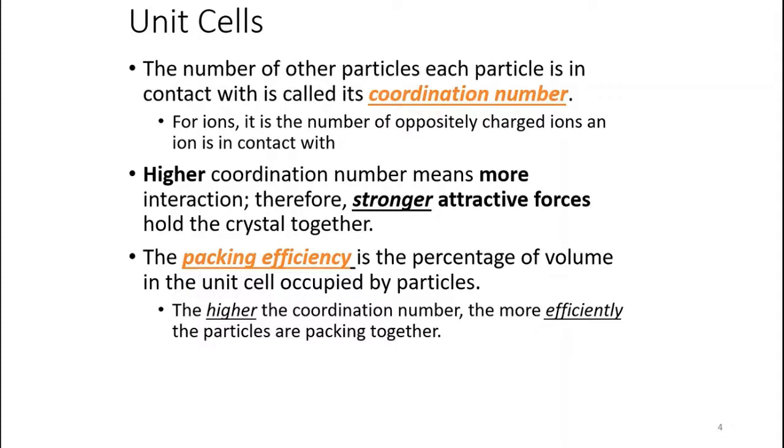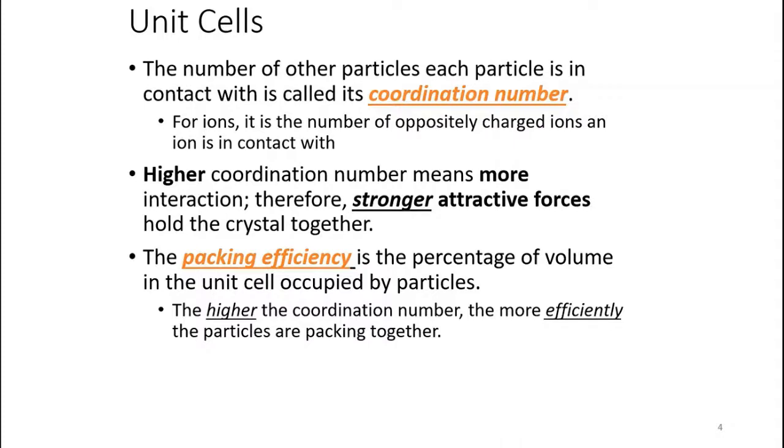Because the particles occupy these lattice points, there is quite a bit of space in between them. A high coordination number means that every particle at a lattice point is involved in more interactions, and therefore there are going to be stronger attractive forces holding the crystal together.